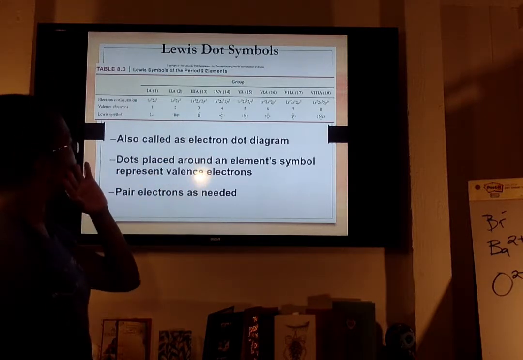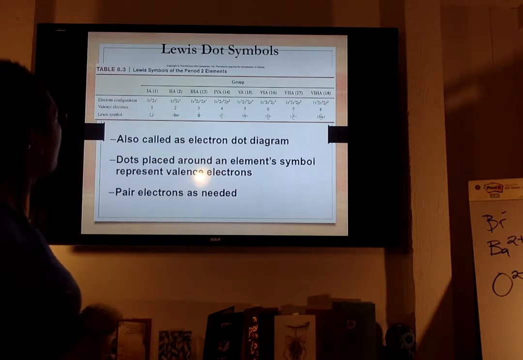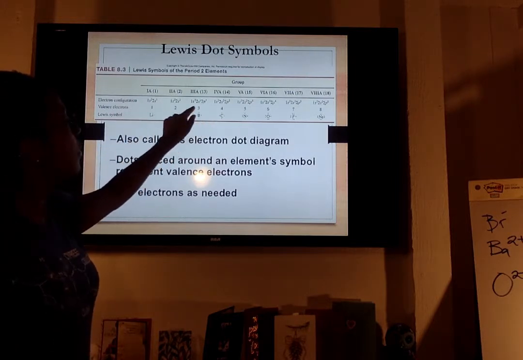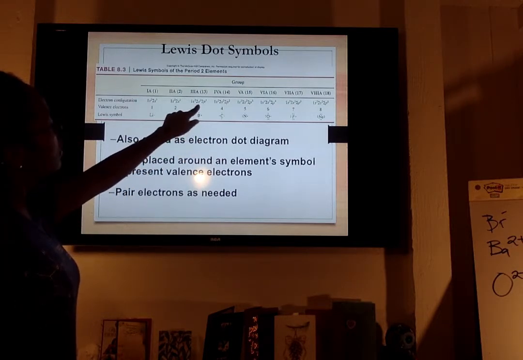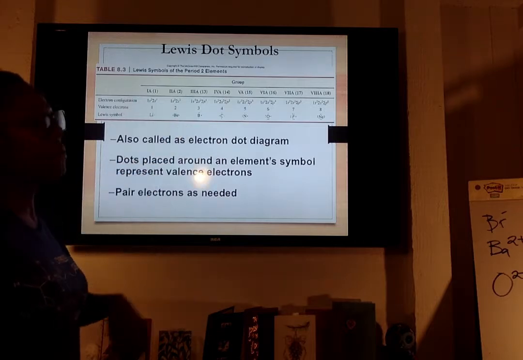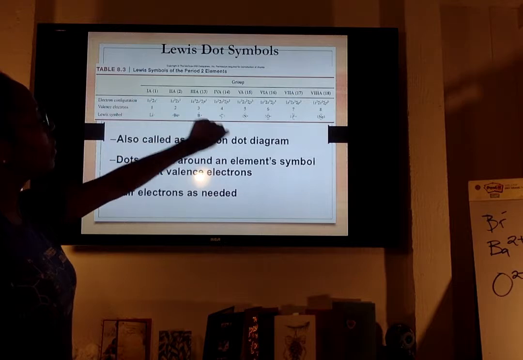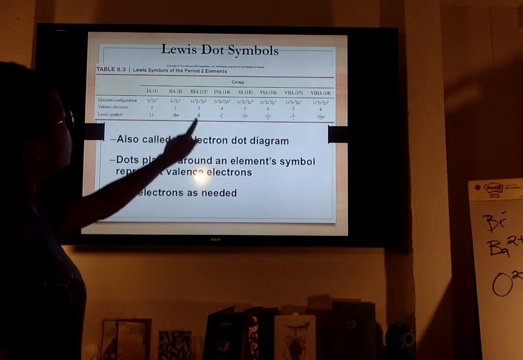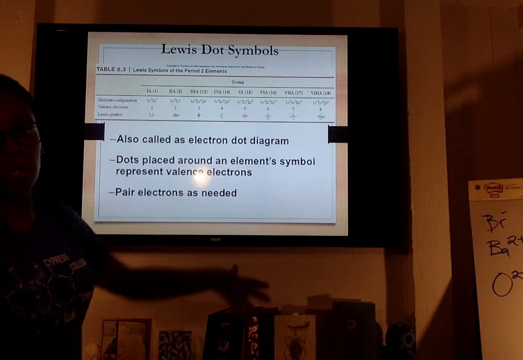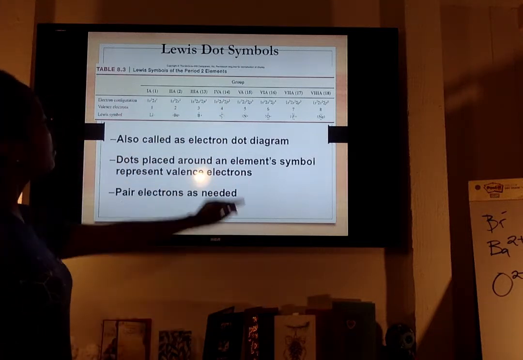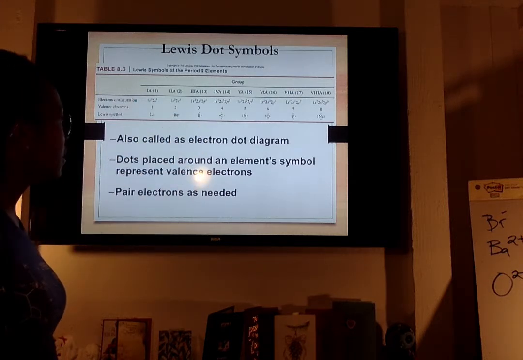So let's go into boron, right? Here we look at the highest number. Well, we see 2. But here we have 2s2 and 2p1, so we have to add up all of the electrons in these suborbitals. Because we have 2s2 and 2p1, 2 plus 1 is 3. So we have 3 valence electrons, and that's why we have 3 dots written around the symbol.